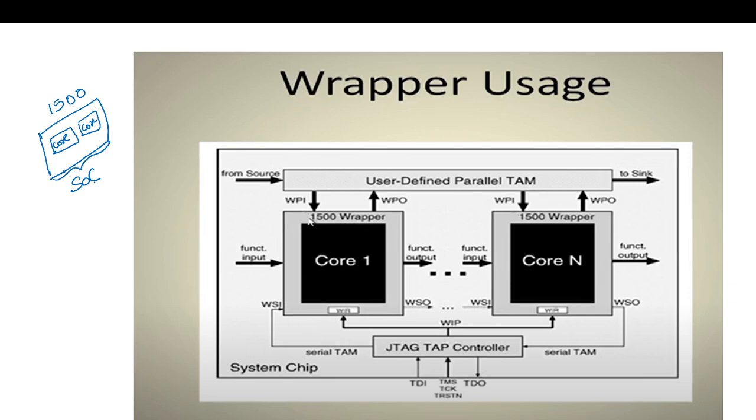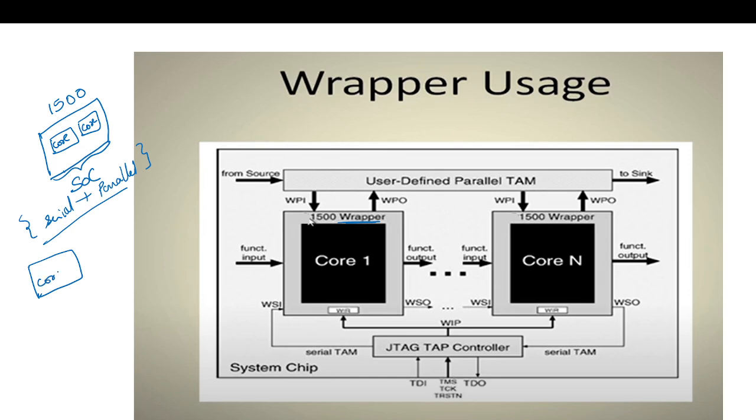So it is a chip level standard. Here we said that we will be using the wrapper boundary cells, and the added thing here is that we will have the serial interface plus the parallel interface, serial TAM as well as the parallel TAM. So with this, now what is the wrapper boundary cell?